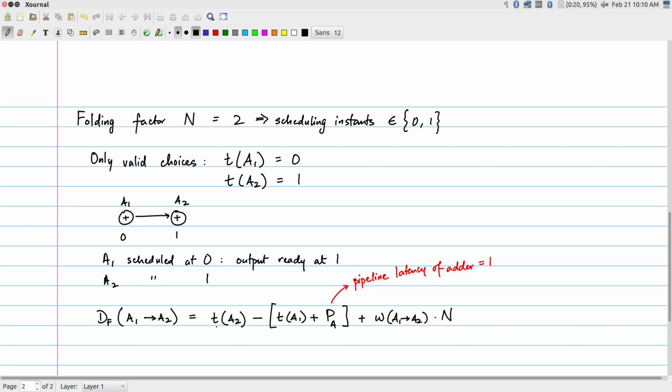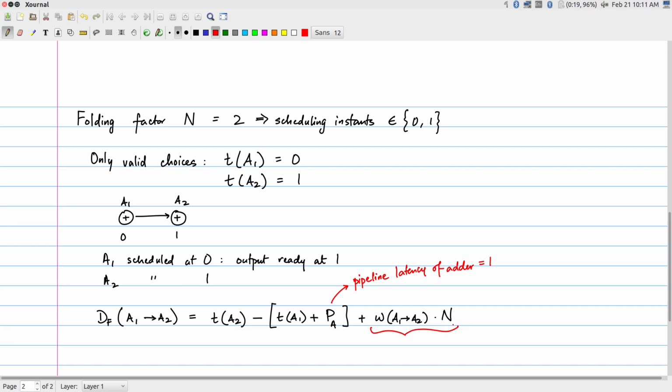The additional thing that I have over here is just this second part, which says if there were token delays present on the A1 A2 edge, meaning that A2 depends on one iteration previous sample of A1, then I actually get some extra freedom. I can add W times N, or 1 times N, to this df value.